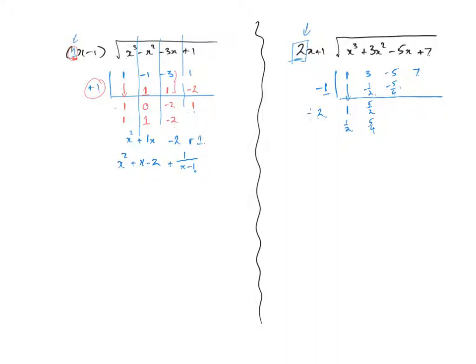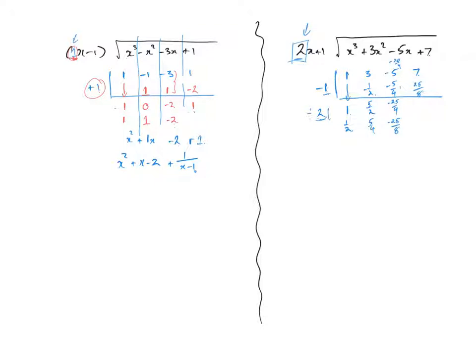So -5, well, that's the same as -20 on 4. -20 plus -5 is -25 on 4. Divide by 2, which makes it -25 on 8. Multiply by -1, which gives me 25 on 8.